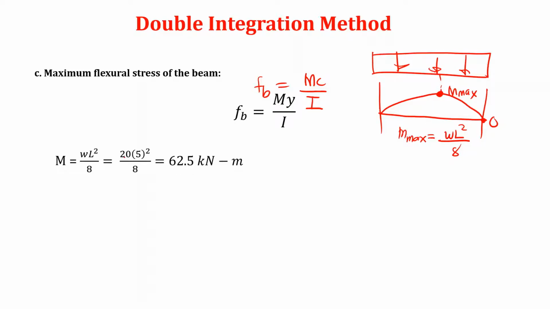W is 20, L is 5, over 8. So, 62.5 is the maximum moment.